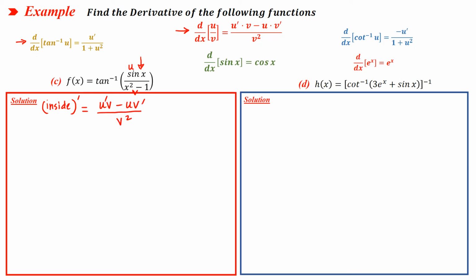This is the derivative of the inside function, and this equals u prime, which is cosine x, times v, which is x squared minus 1, minus u, which is sine x, times the derivative of the denominator, and the derivative of the denominator is 2x, divided by v squared.